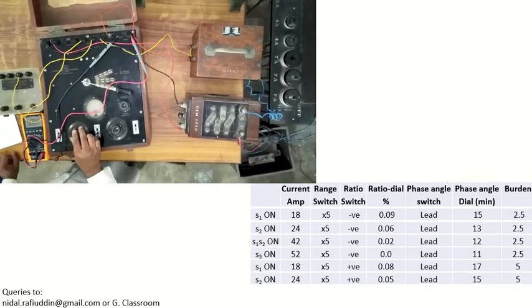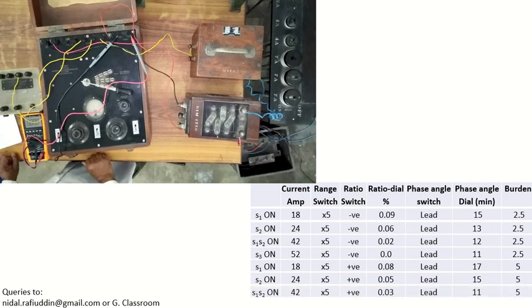Now S1, S2 both are turned on, and we'll finally obtain the reading when S1, S2 both have been turned on. And finally the set of readings when S1 and S2 are turned off while S3 is turned on. So the final reading is shown here.